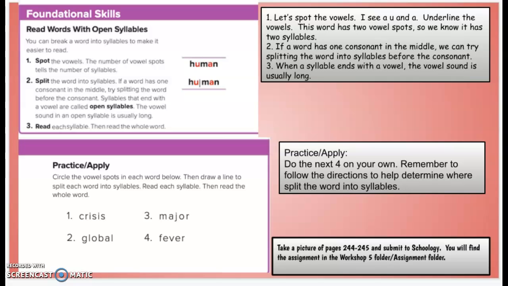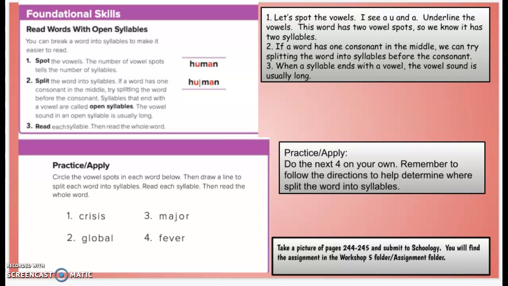When a syllable ends with a vowel, like this one does, it's called an open syllable, and that first syllable will have a long sound. So if I put that slash or that split between those, I know I can read each syllable. Hue, man, human.